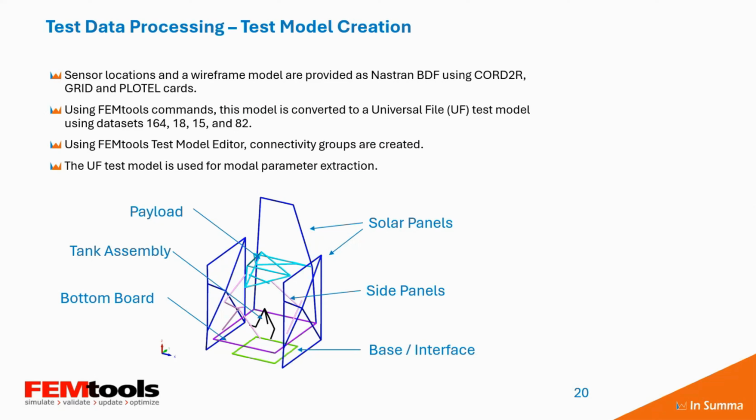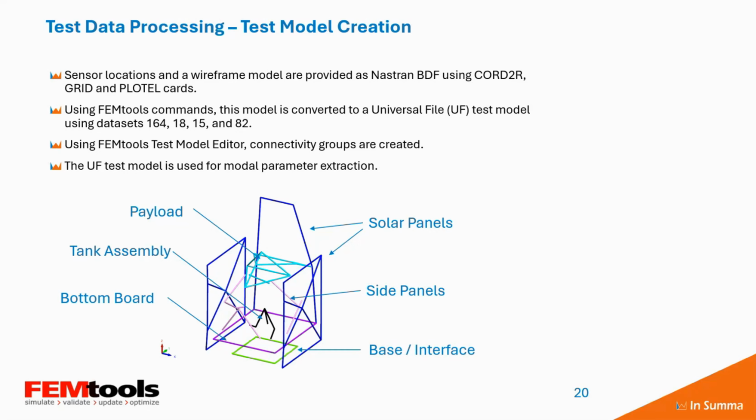So now we can take a slight pivot and start having a look into our test data. Here we create the test model from the FE model, with the FEMtools command provided here. Using the FEMtools command, this model is converted to a universal file test model using the datasets as listed here.